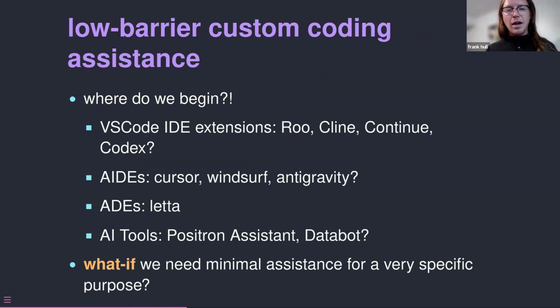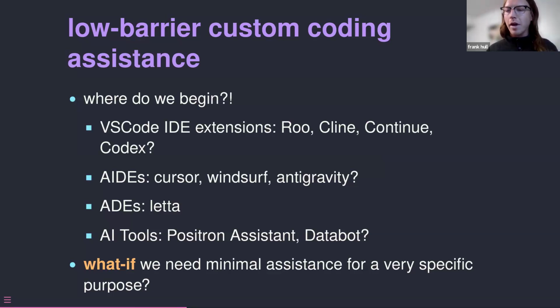I feel like this slide just throws a bunch of stuff at you and scares you a little bit. Where do I begin if I actually want some coding assistance? I'm just an R programmer and I just use RStudio.